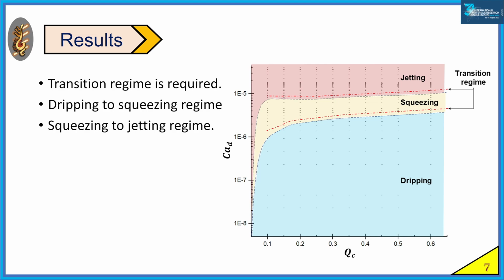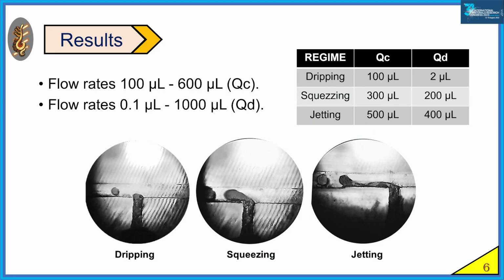However, the transition from one regimen to another does not occur immediately. A transition regimen is required. In this regimen, the flow QD starts to invade the channel to cause the dripping to squishing regimen, while it enlarges in the transition from squishing to jetting.